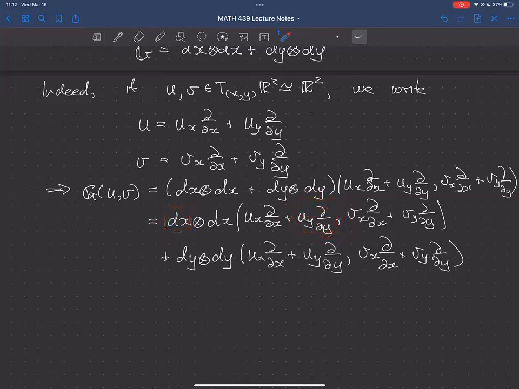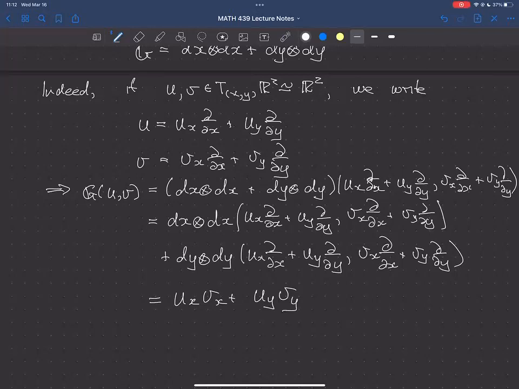And then this one, similarly, d by dx will be 1. The same construction applies to all four of the things that are happening here, and when the dust settles, I get ux vx plus uy vy.